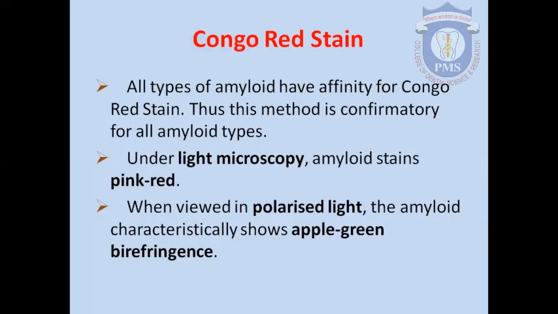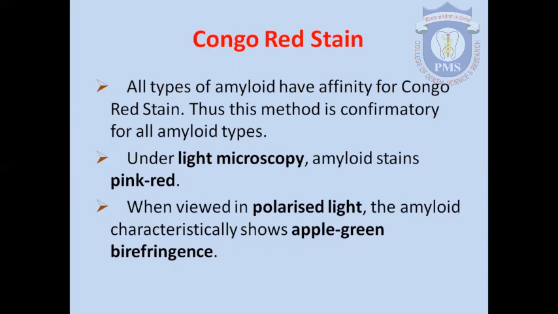Congo red stain. All types of amyloid have affinity for Congo red stain. Thus, this method is confirmatory for all amyloid types. Under light microscopy, amyloid stains pink red.